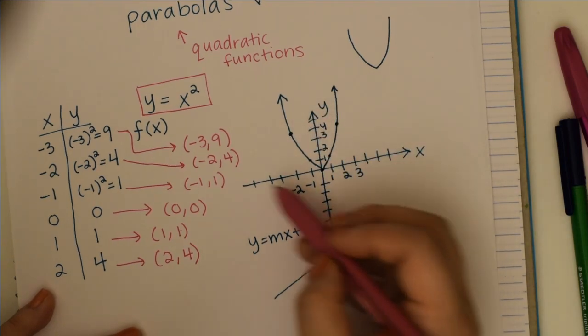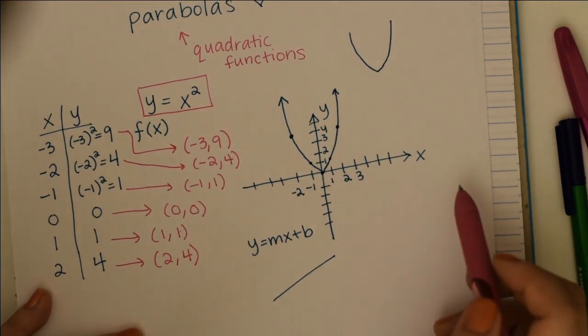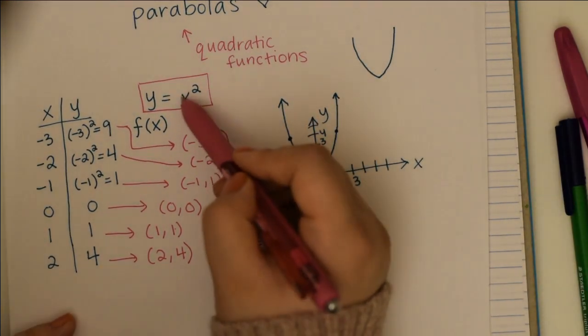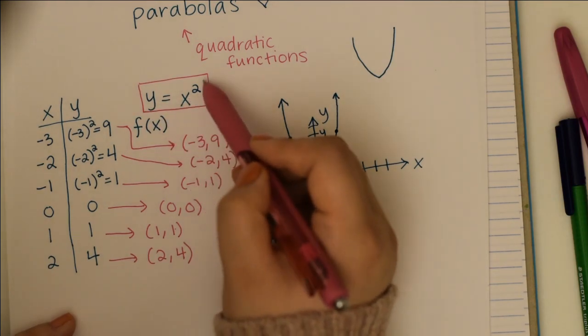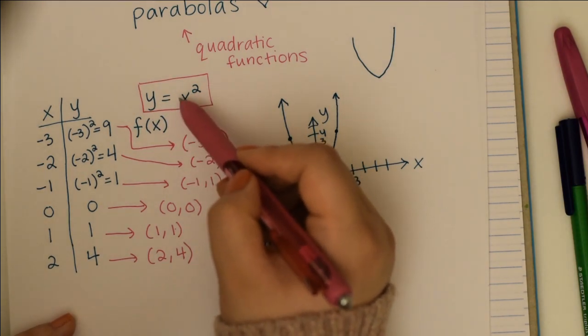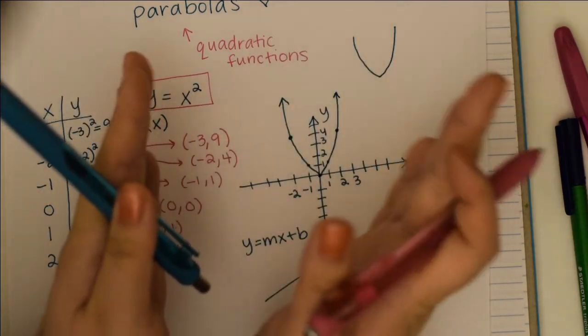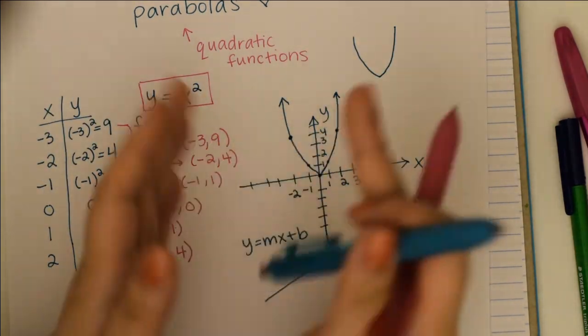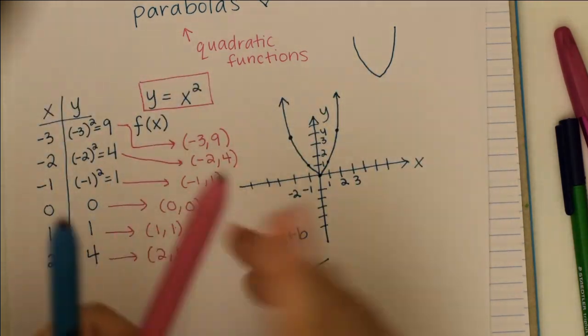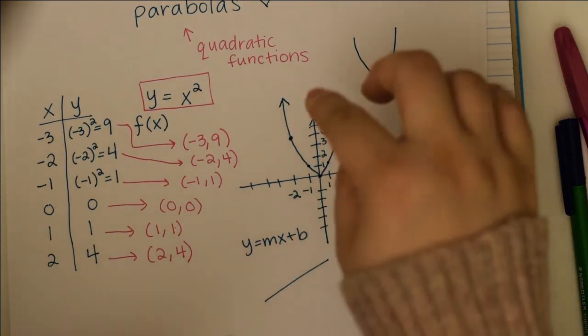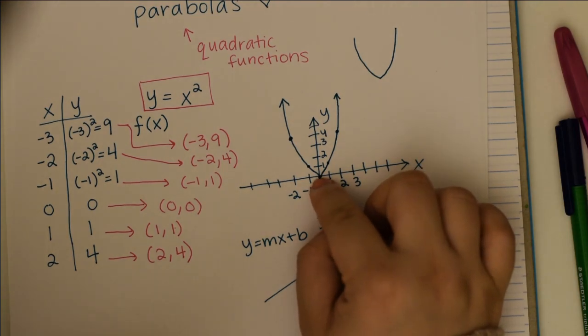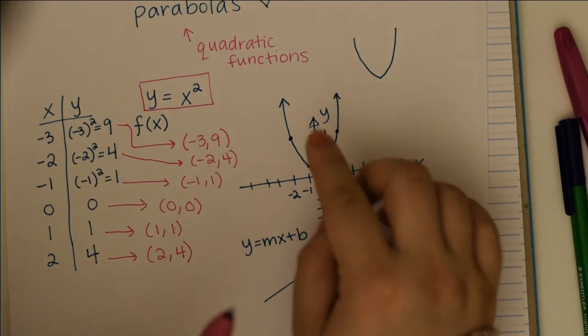It's at the origin of this coordinate plane. And there's no number in front, it's just y equals x squared. So the coefficient of the x squared is 1. So this just has like standard width, I guess you could call it that. And the vertex is at the origin.